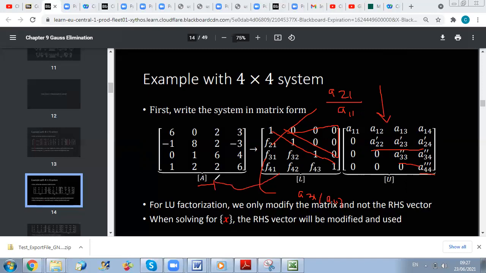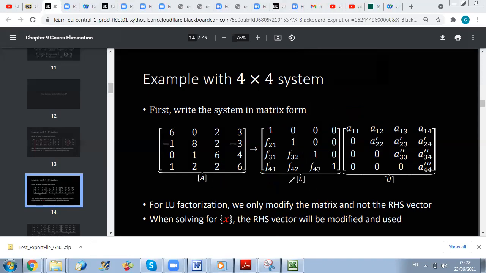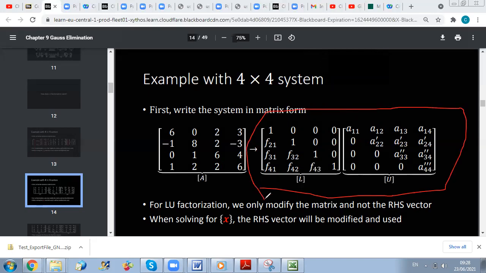So if you just do the substitution and the multiplication of L times U, you will verify that you get A. Once we do the forward elimination, we can automatically find two matrices, one lower triangular and one upper triangular, such that L times U is equal to A. Of course, if you want to decompose A into L times U, you have several possibilities. But one that you can easily find, since you know how to proceed with forward elimination, is this form.